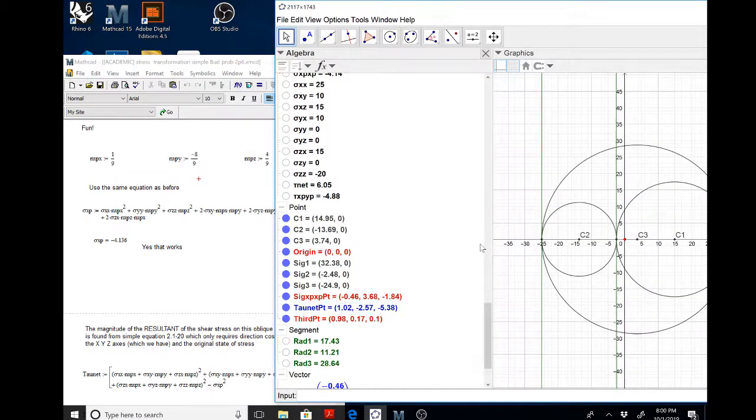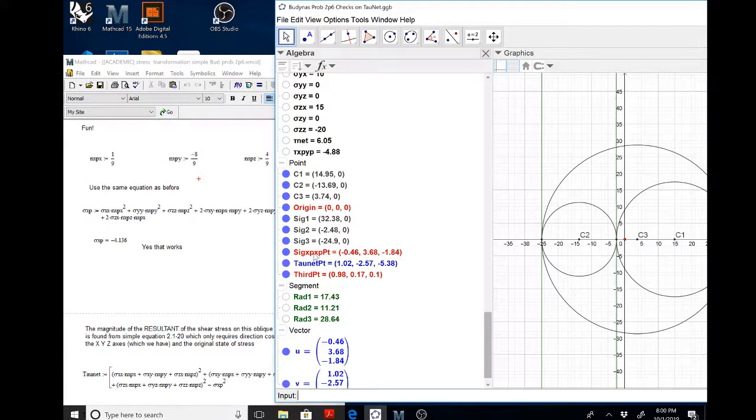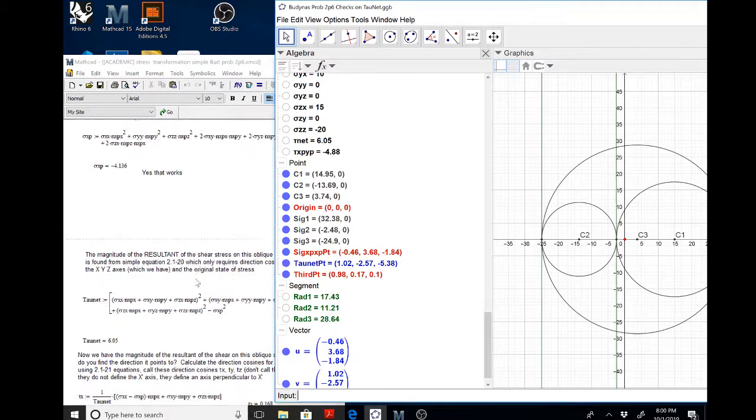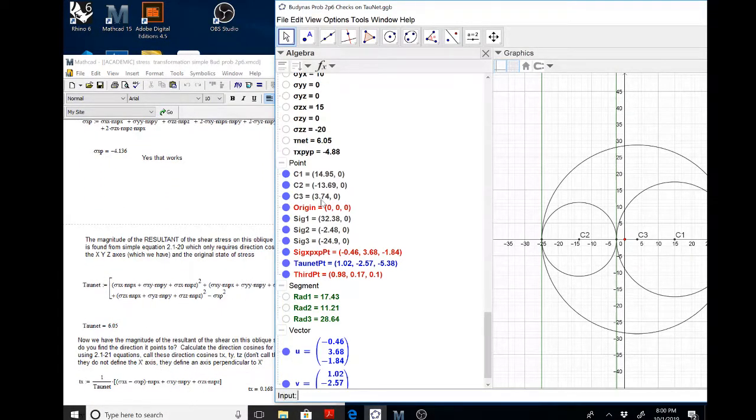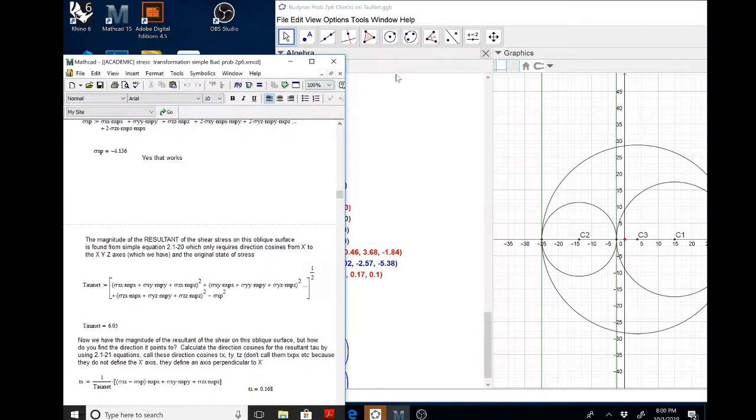All right, so I programmed sigma prime x prime, and I programmed tau net. Now, tau net is special. It's not two mutually perpendicular taus. It's the square root of the sum of the squares of the various taus, and that's 6.05.